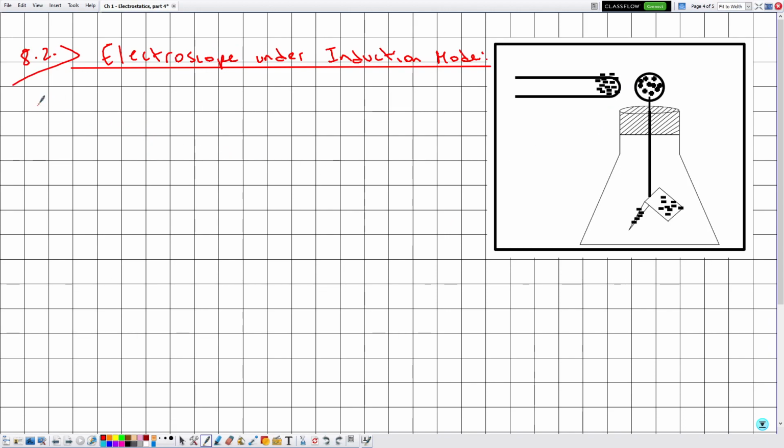Now let me write number 1. A negatively charged ebonite rod is brought near the knob of a neutral electroscope.